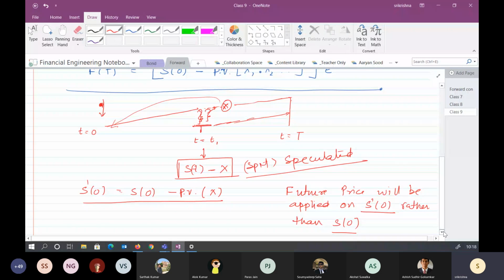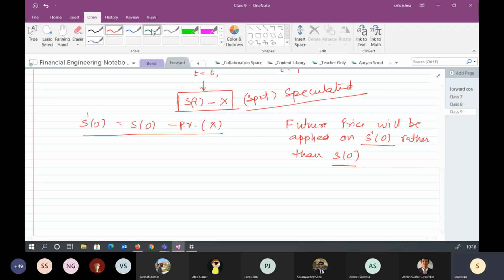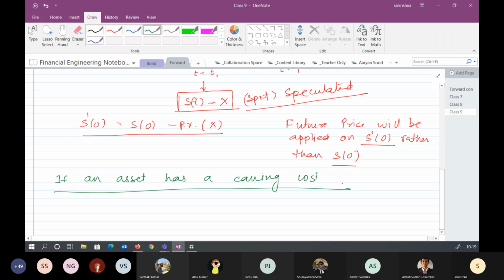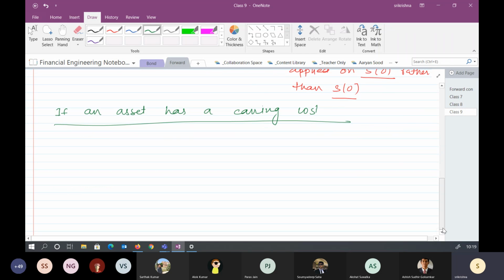And the second case here: now if the asset has a carrying cost, correct? Suppose you enter into the contract for buying a petroleum product.